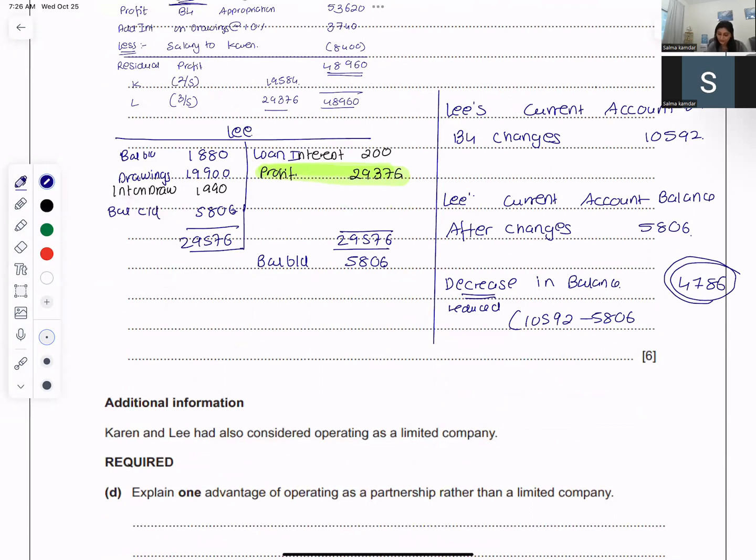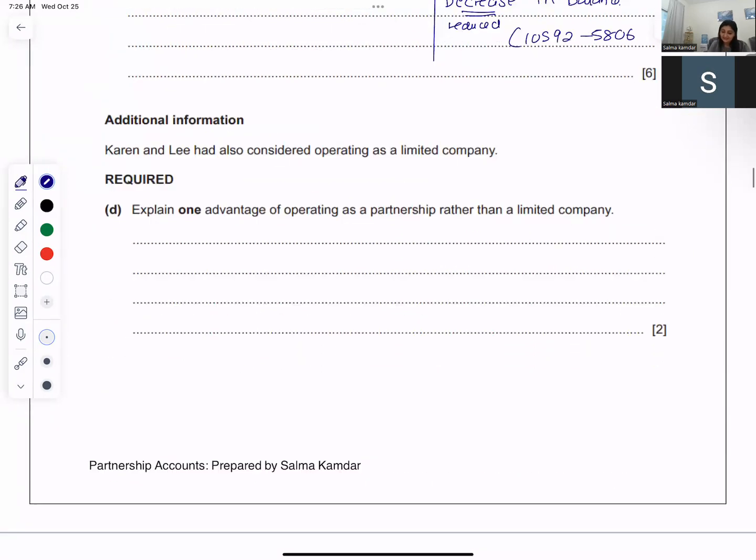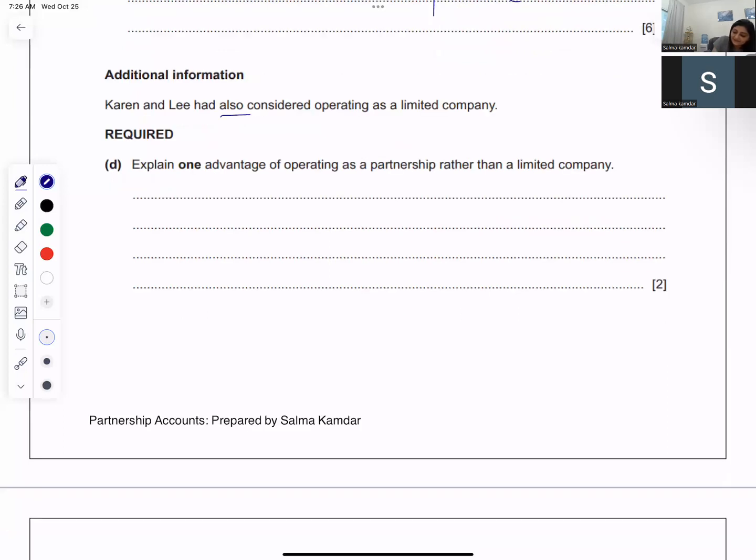Now the next question. Karen and Lee have considered operating as a limited company. Give one advantage of operating as a partnership rather than a limited company. What is the advantage of operating as a partnership when you compare it to a limited company? 2 marks.